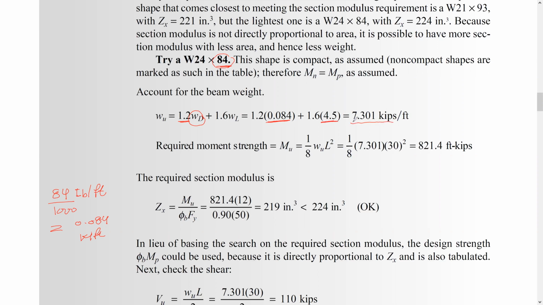So the factored load is 7.3, 0.1 kip per foot. It's a little bit greater than what we had before, which was 7.2. Okay, so right now we need to check again the maximum moment.